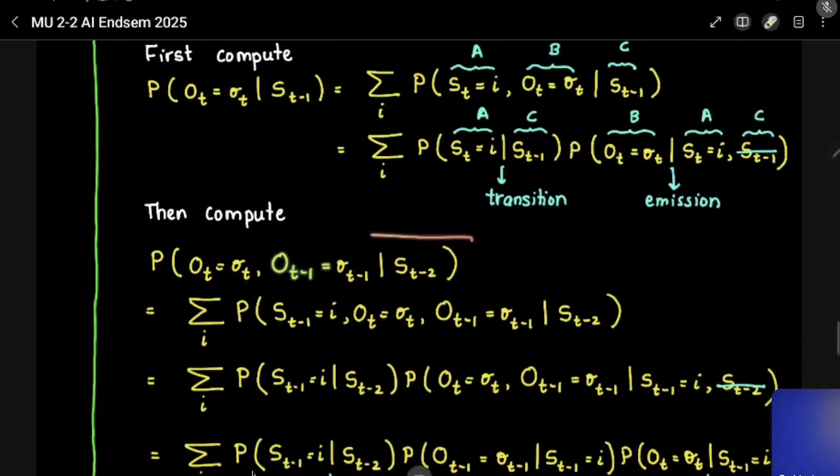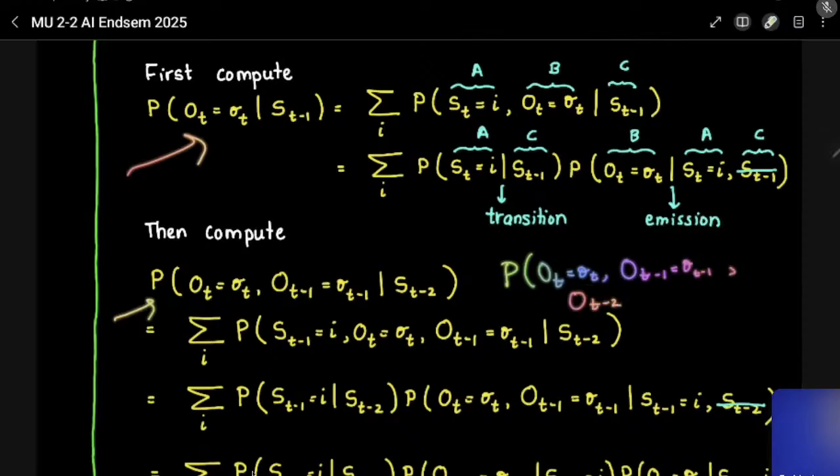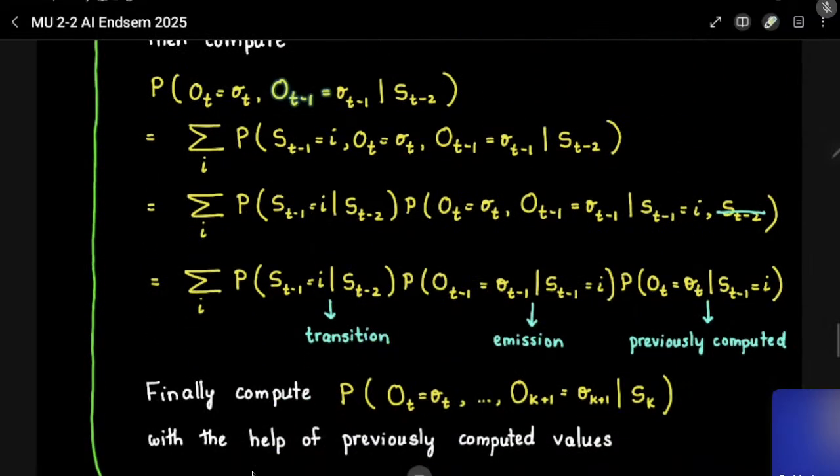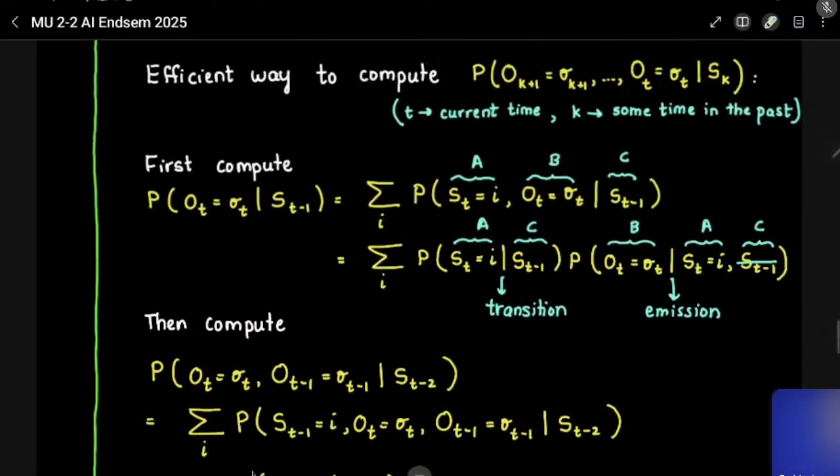So you have to keep expanding this. You first compute this, then you compute this, then you compute the probability of O_(t-1), and then O_(t-2) given S_(t-3), and then it goes on until finally you reach your original question, which is this one.